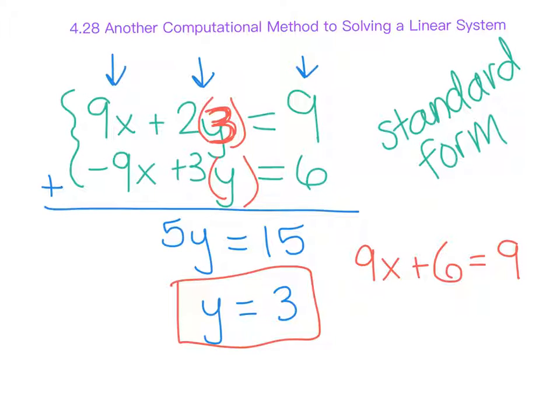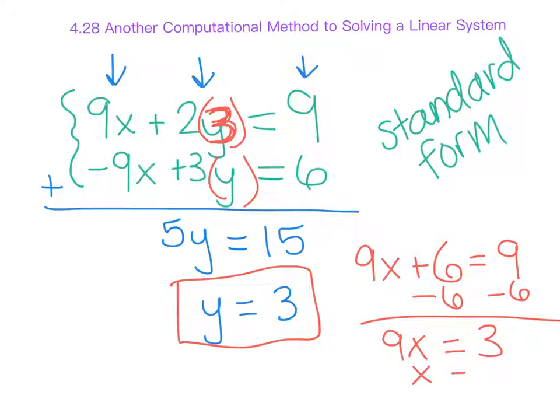Now I have a two-step equation. Take away 6. 9x equals 3. x equals 3 divided by 9 is 1/3. Now I know I'm a little cramped for space over there, so I'm going to come over here to the left. My final answer, my ordered pair, x is 1/3, y is 3.